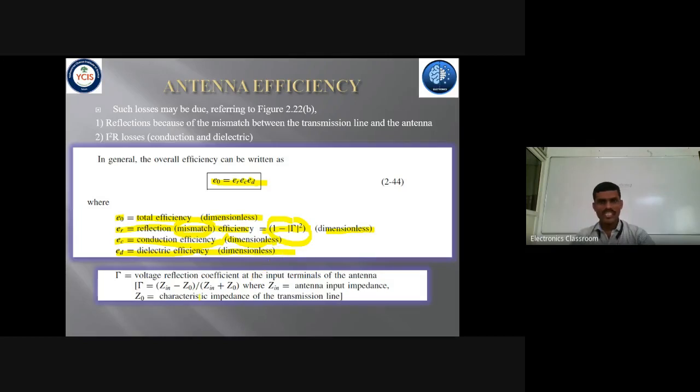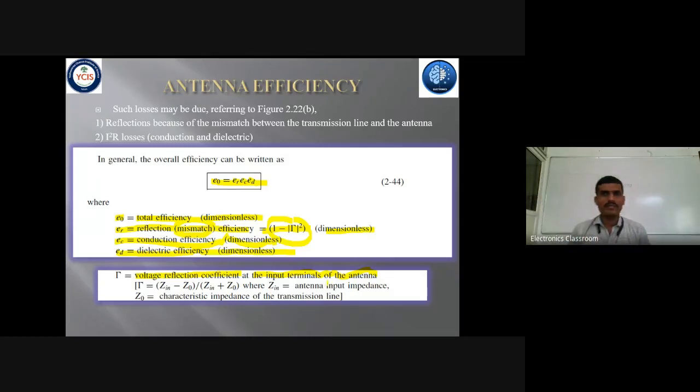Now, what is your tau? It is the voltage reflection coefficient, which is present at the input terminal of the antenna, and it can be derived by using the input impedance of the antenna and the characteristic impedance of the transmission line.